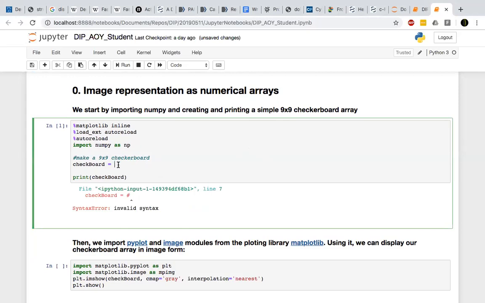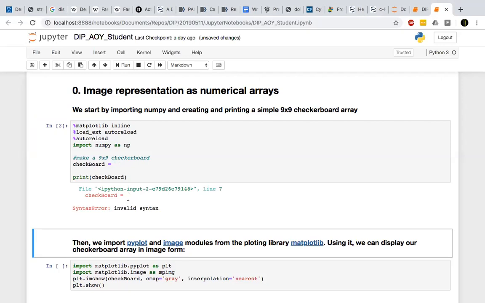Each one of these blocks is called a cell, and to run it, you press Shift-Enter. So if you put your cursor in this block and press Shift-Enter, it's going to try and run it. And if it fails, it's going to tell you it failed. In this case, it's failed because there is an open statement somewhere here.